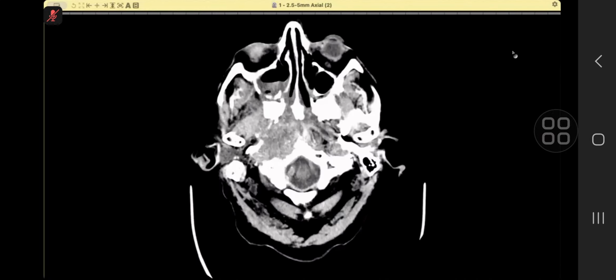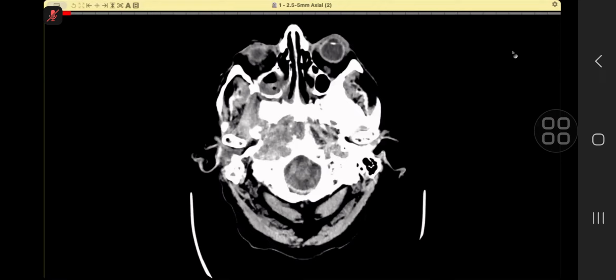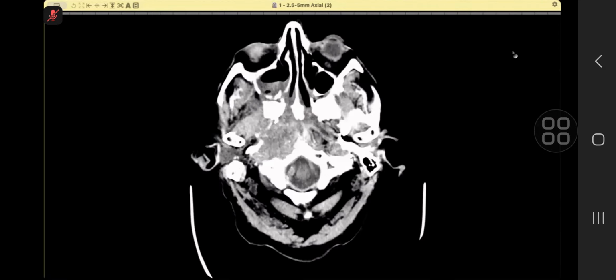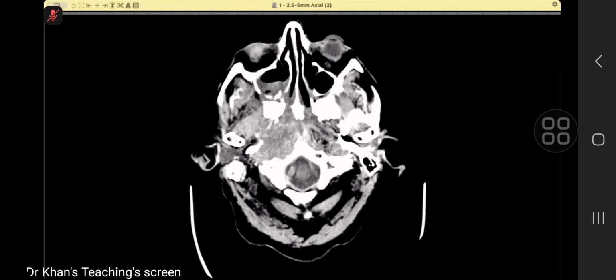Okay, so I can see that there is a soft tissue mass centered on the right side of the base of skull with extensive bone erosions.